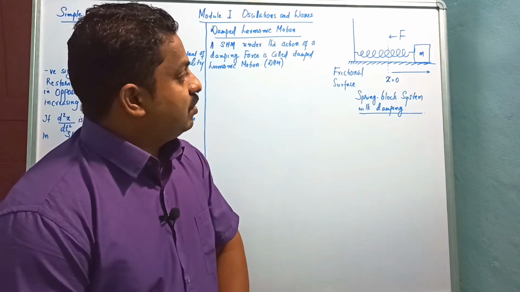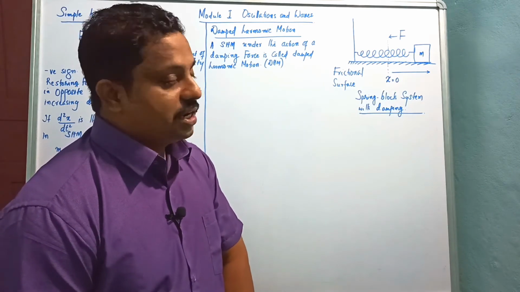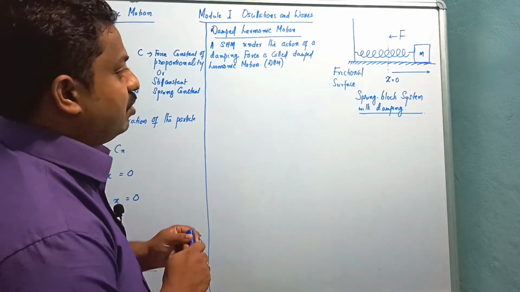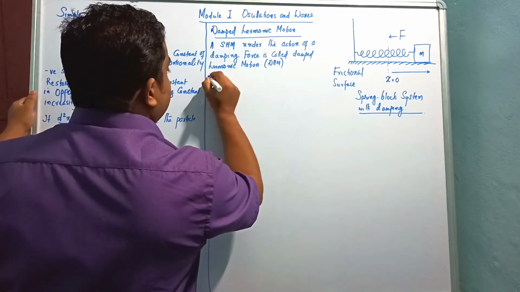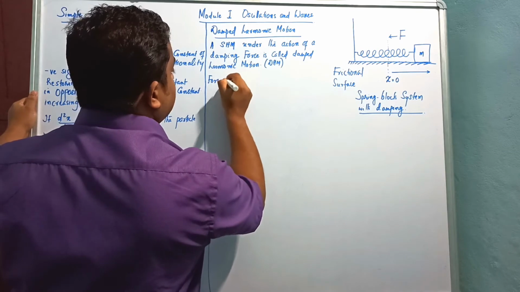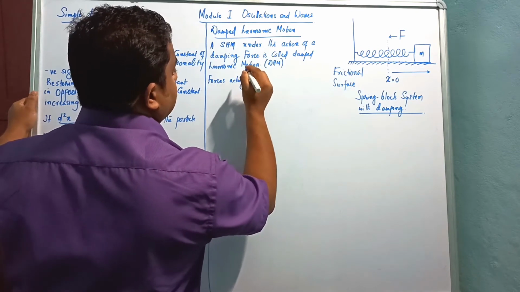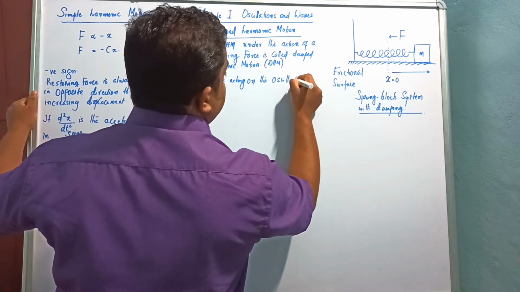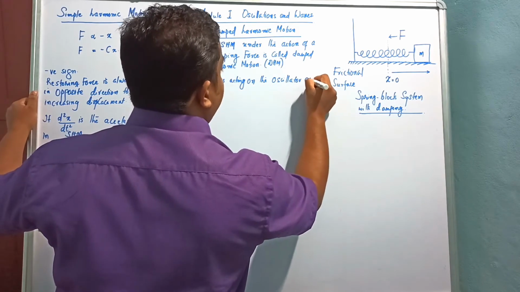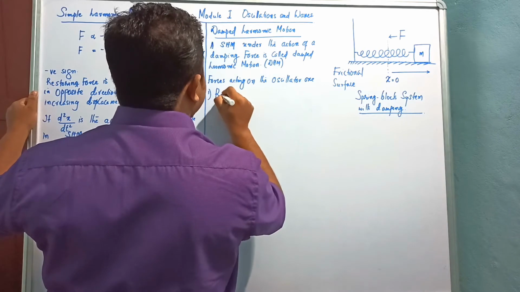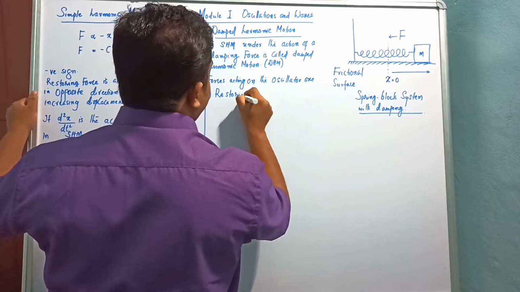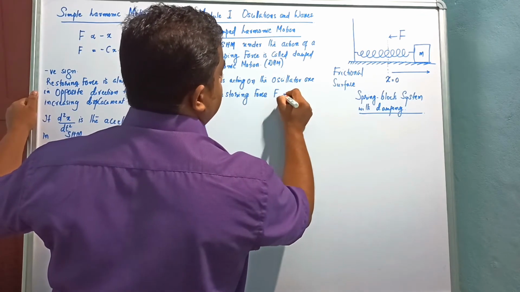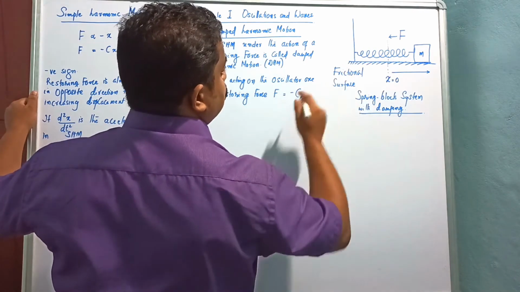The forces acting on this oscillator are: one, the restoring force F is equal to minus Cx, where C is the spring constant.